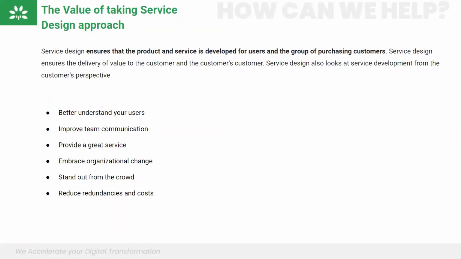So what is the value of taking a service design approach? What benefits can service design give us? Service design ensures that the products and services are developed for users and the group of purchasing customers. It ensures the delivery of value to the customer and the customer's customer. It also looks at service development from the customer's perspective. So you better understand your customer and improve team communication.